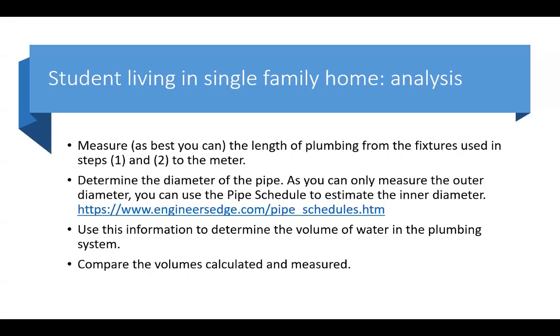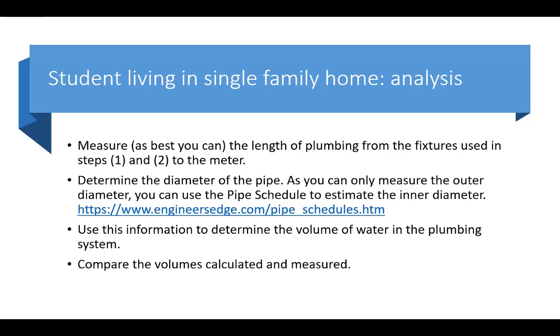What you then will do is measure, as best you can, the length of plumbing from the fixture to the meter. So you're going to have to find the meter. It will typically be located in the basement, typically at the front of the house. If you can find your curb stop, it probably is a straight run from the curb stop to the home, just on the other side of the wall. You're going to determine the diameter of the pipe.